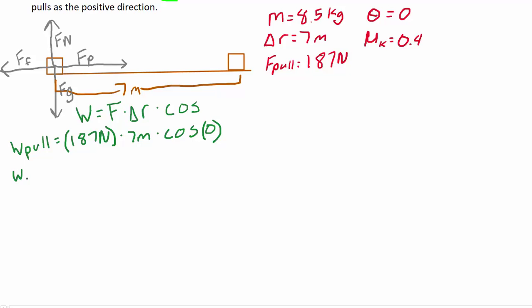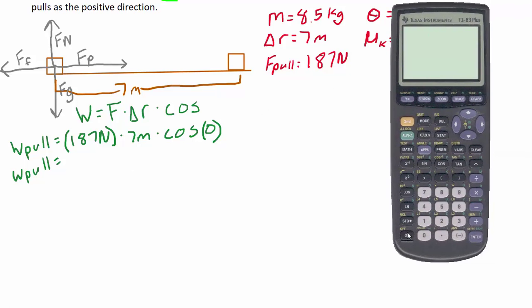So the pull will equal, 187 times 7 times cosine of 0, and we get 1,309, and our units are joules.